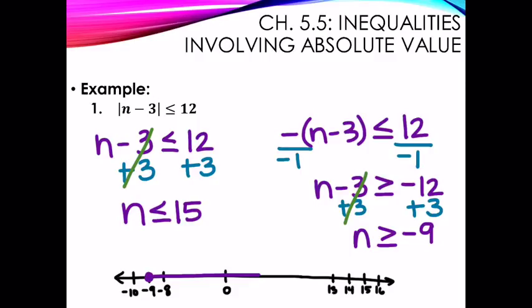It says that n is less than or equal to 15. Since it's equal to on 15, I'm going to do a solid circle. And then less than means that I would shade to the left. So we can see here that we have the intersection of these two. So it can be either negative 9 or 15 or any number in between.